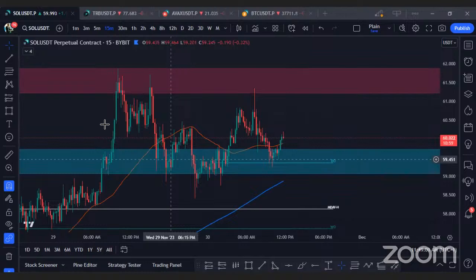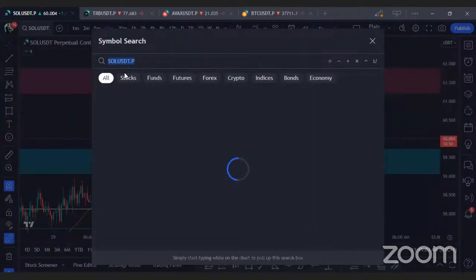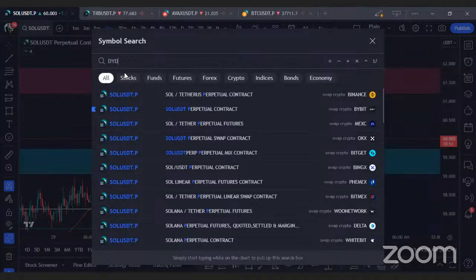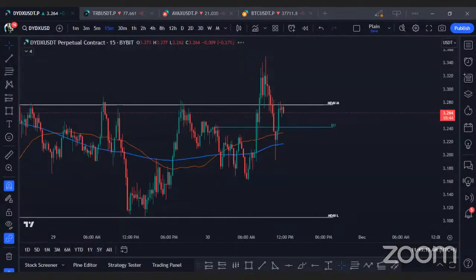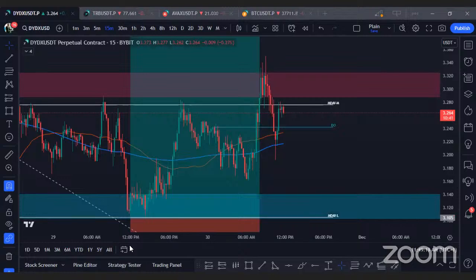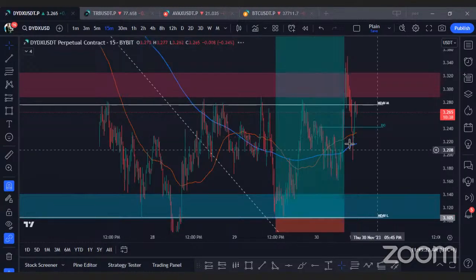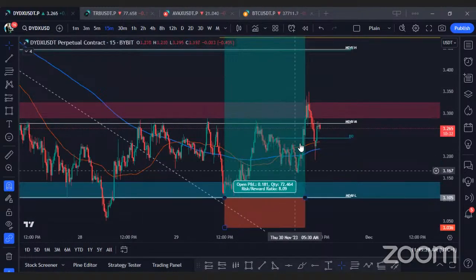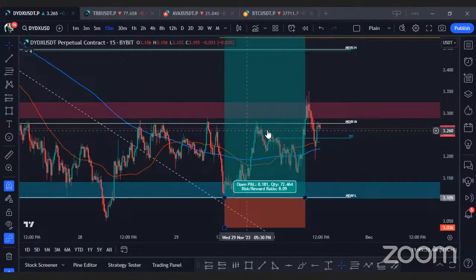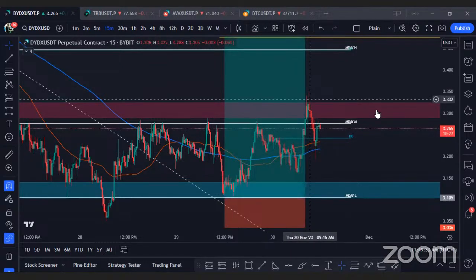What else? There is this token I wanted to look at, DYDX. Look at that, guys. Where did I close this trade yesterday? So I closed it somewhere around here, and then eventually it went up that way.